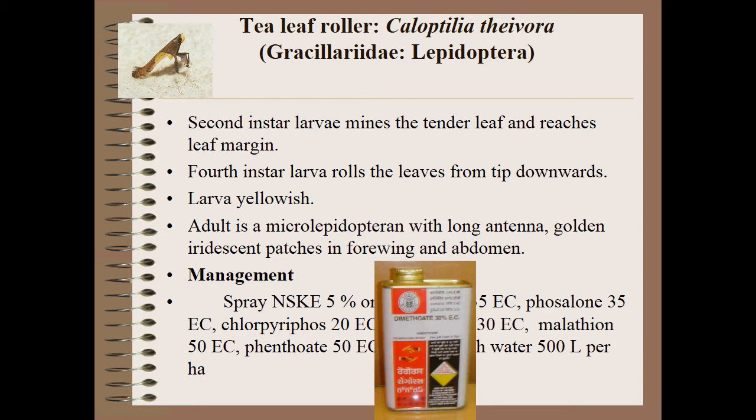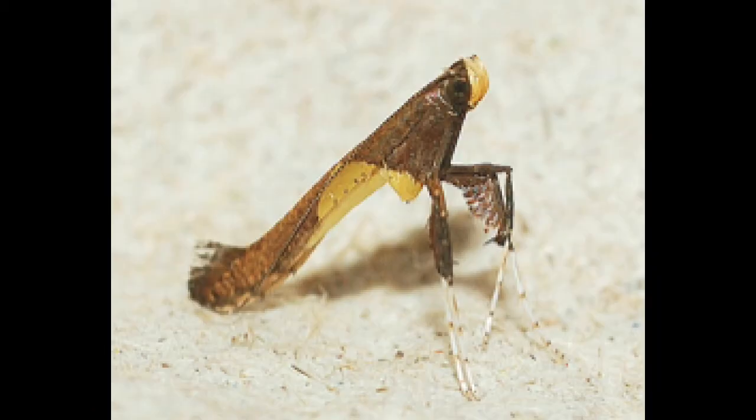The larva is yellowish, and the adult is a microlepidopteran with long antennae and golden patches on forewing and abdomen. See the picture, it is a very minute moth. Spray NSKE or a systemic insecticide like dimethoate and a contact insecticide like malathion, etc.